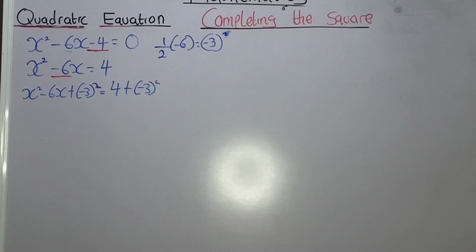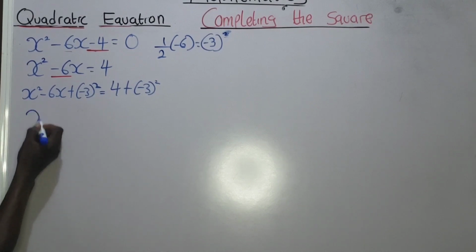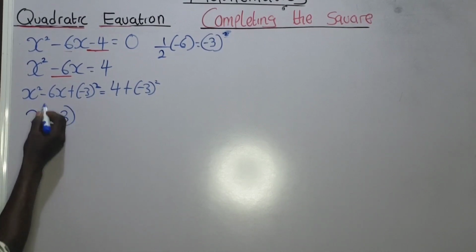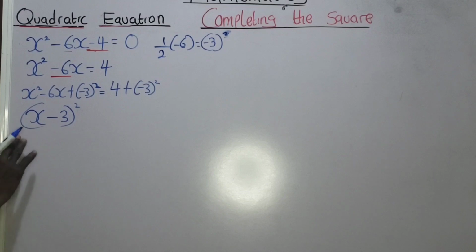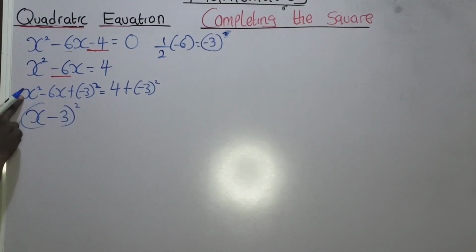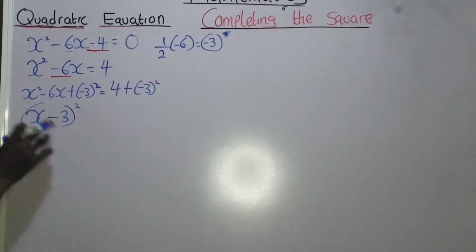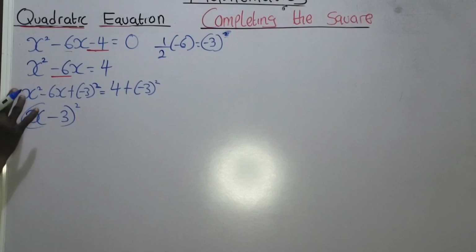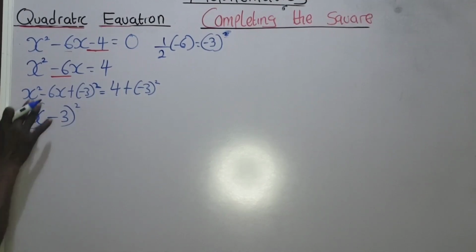Now the next step is that we are going to rewrite the left hand side of the equation as a perfect square. Here I'm going to have x minus 3 squared. This is a perfect square for the left hand side of the equation. If you open this bracket, you are still going to have this.